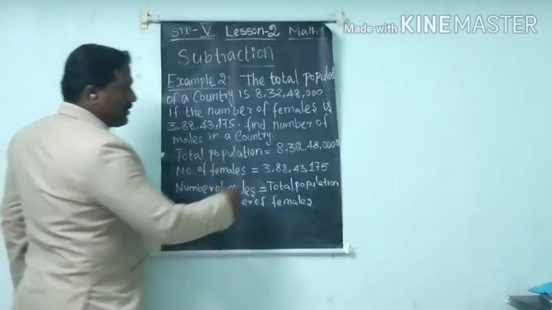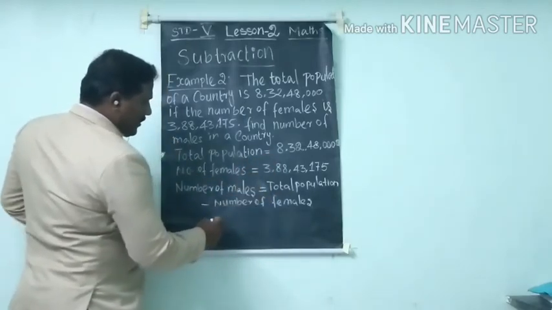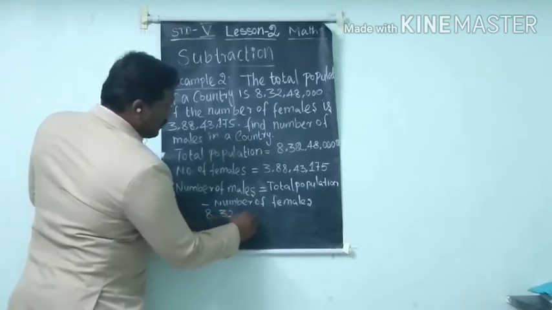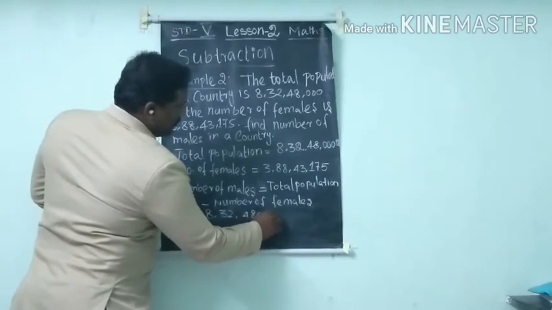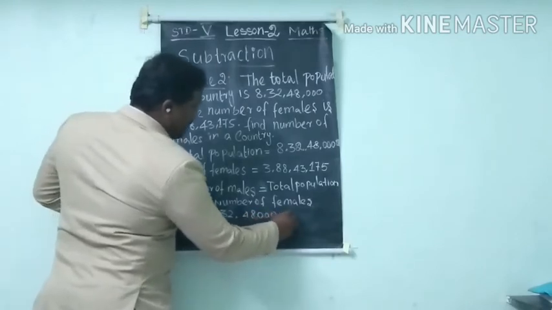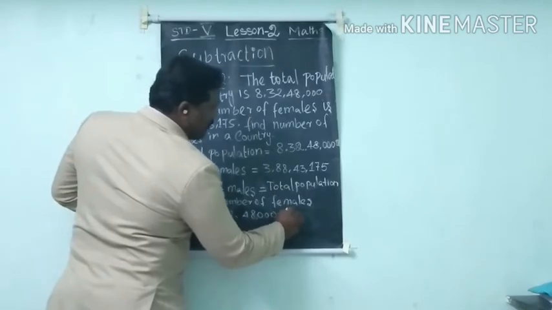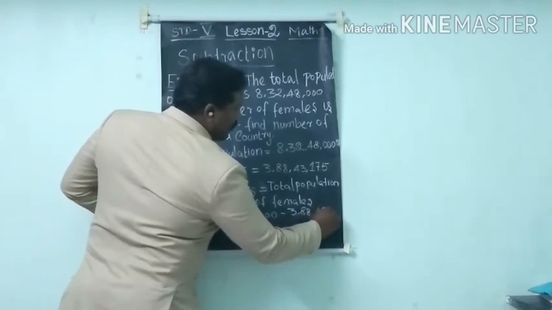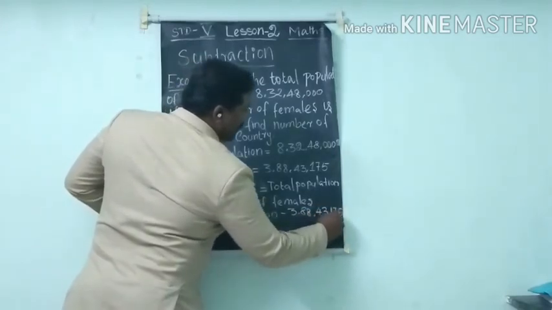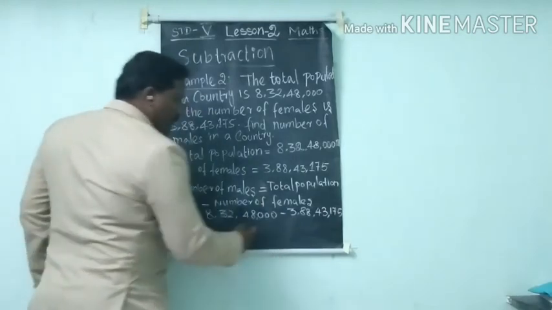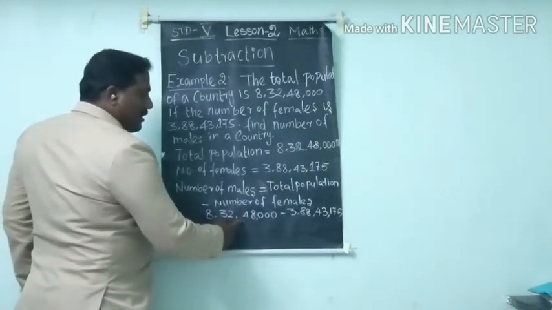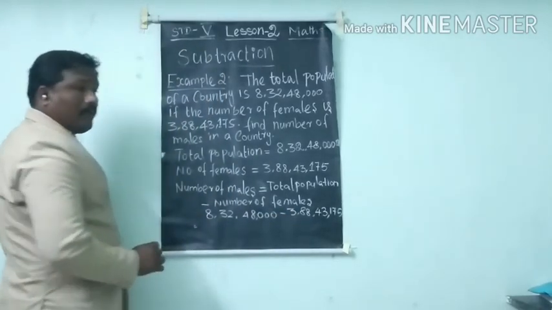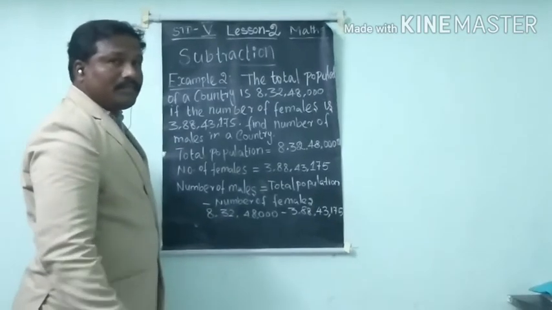So what is the total population of the country? 8 crore, 32 lakh, 48,000, minus the female count, 3 crore, 88 lakh, 43,175. When we subtract the female count from the total count, we will get the male count.